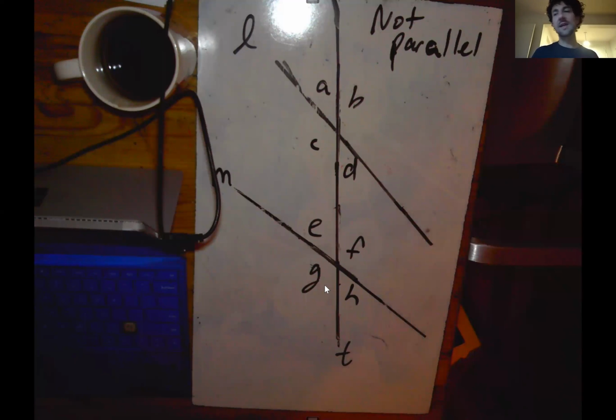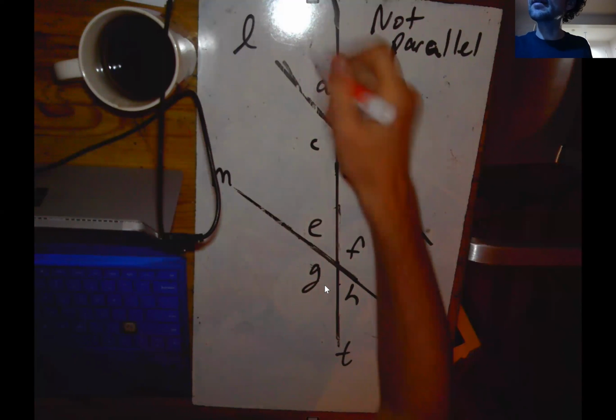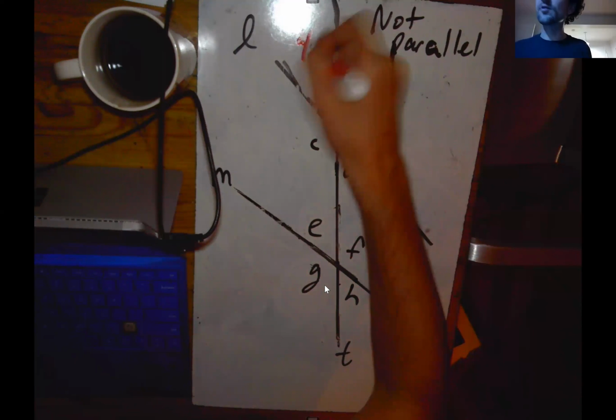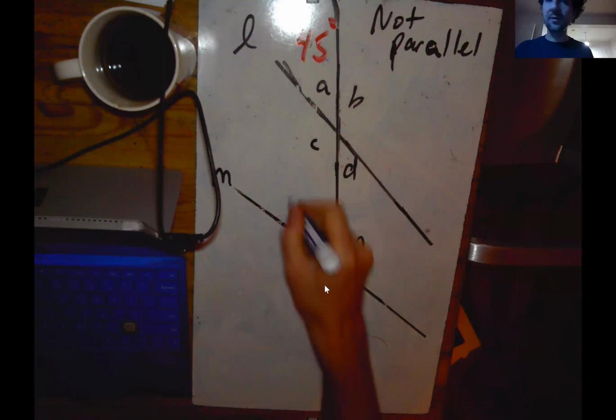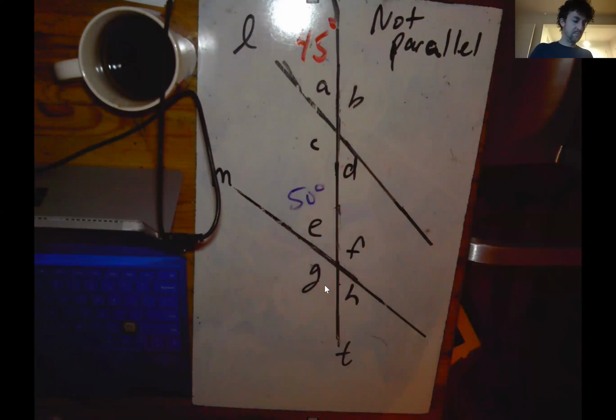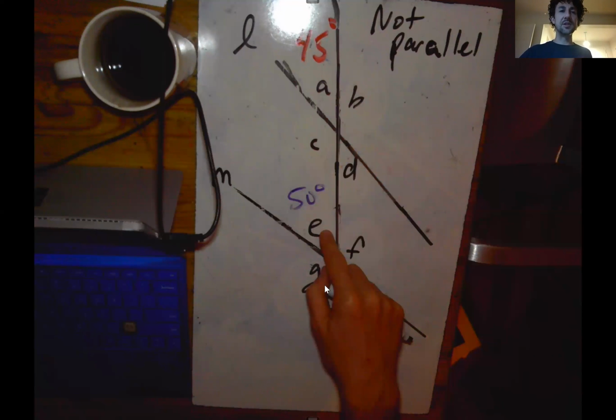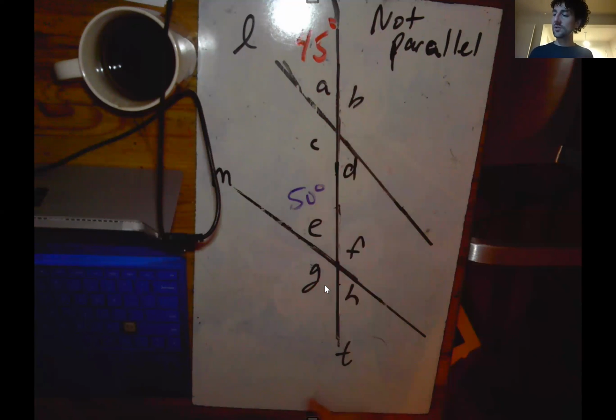So I measured these angles when I drew the lines, and angle A is about 45 degrees. And angle E is about 50 degrees. Then if I think about the positions, angle A and angle E are both in the same position. They're in the upper left, and we call that corresponding angles.